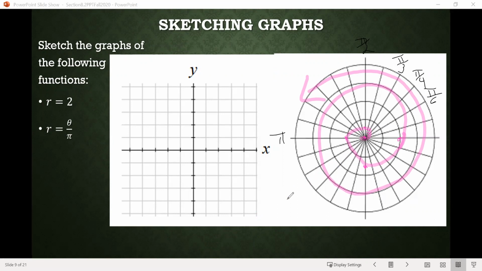Now, one thing I want us to keep in mind is, in Math 141, Pre-Calculus 1, would a spiral shape like this, especially if I put it over here in the Cartesian coordinate plane, pass the test to be considered a function in Pre-Calc 1?